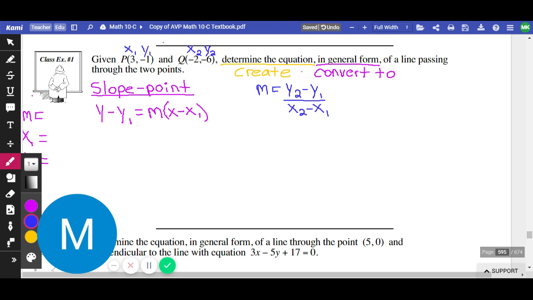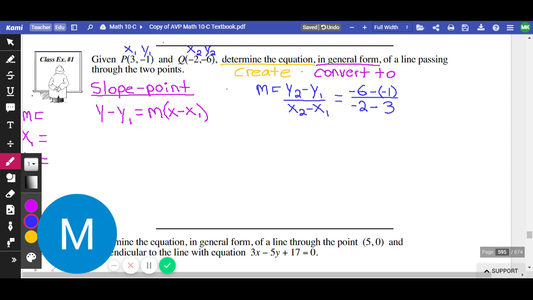So y2 was -6 minus y1, which is -1, so I have minus (-1), divided by x2, which is -2, minus x1, which is 3. You'll notice I put brackets around my -1 to remind myself it's minus a -1.